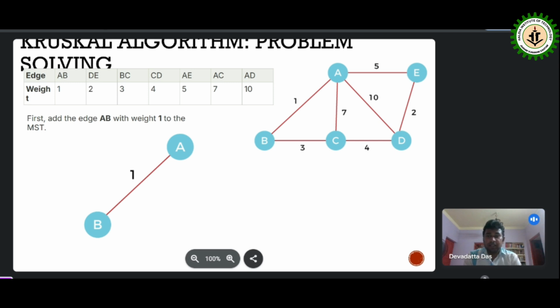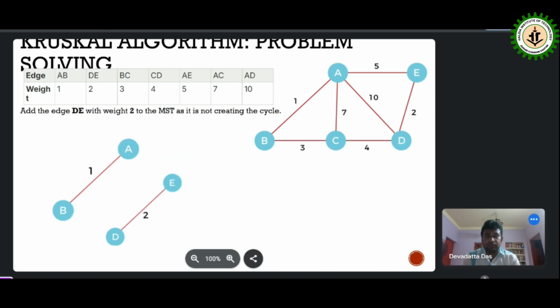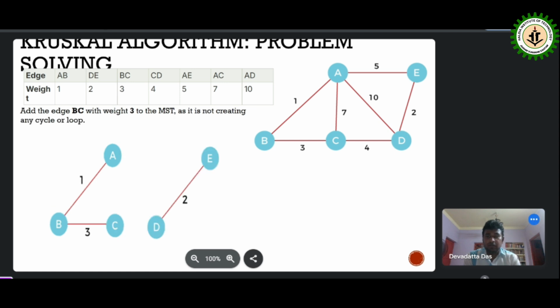So I'm just finding the edge relaxation, and after completing it, at first I'm adding the edge AB with weight 1 to the MST. Next D to E, next B to C, but I'm remembering that there will be no cycle. If there is any cycle, then the edge is eliminated from the graph.